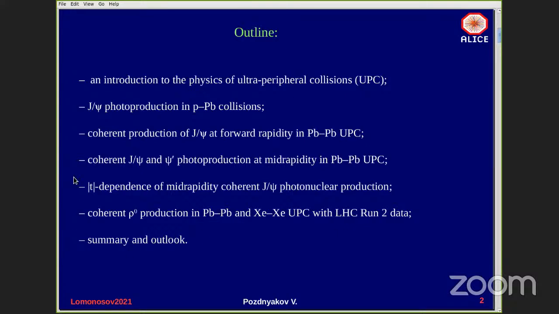Most of the work was done for J/psi and psi prime photoproduction, and for these studies the main question is gluon shadowing. I will explain in detail on the next slide. And it's only one line, but within this line we have quite a rich field to study rho0 production from the point of view of the black disk approach.